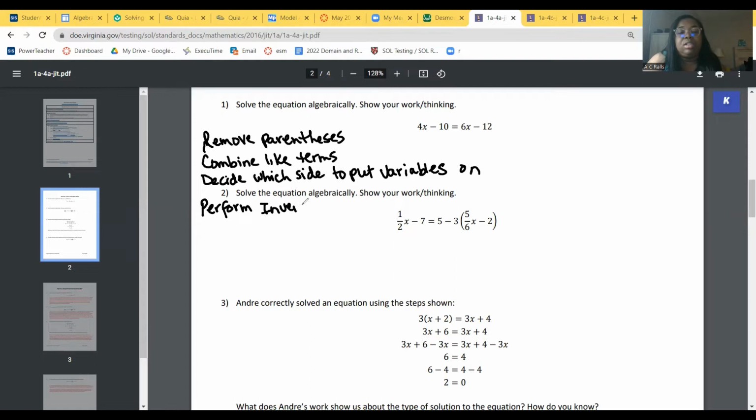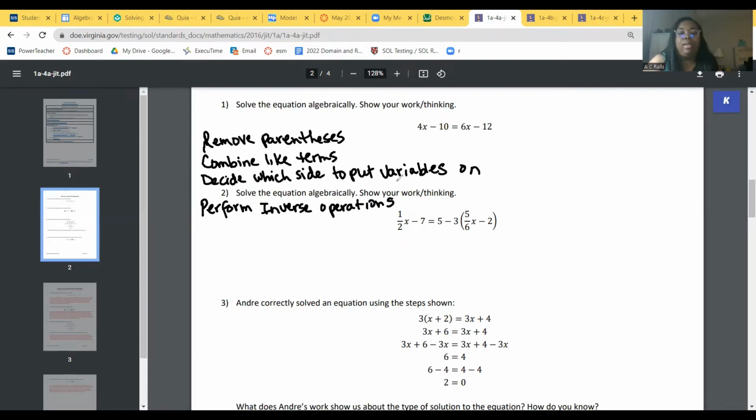Inverse operations are opposite operations. So like if you have addition already, you would do subtraction. If you have subtraction, you do addition. Multiplication, the inverse is division. So you're going to perform inverse operations to get variables on one side and constants on the other. And then once you do that, you should be solved.